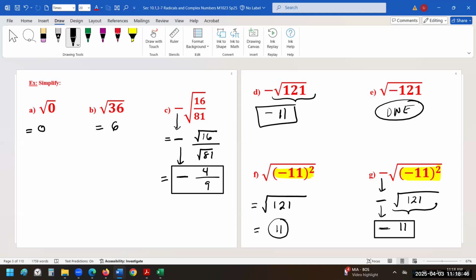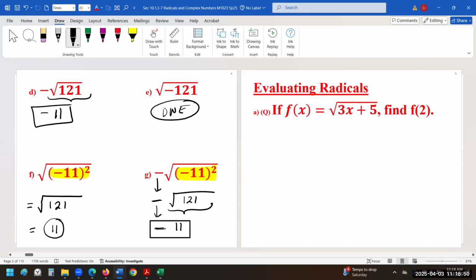Any questions? Now we're evaluating radicals. Just like we evaluate any other function, all you have to do is replace x with whatever number they give you, and then simplify. So we have f of x as the square root of 3x plus 5. They want us to find what the y value would be when our x is 2.